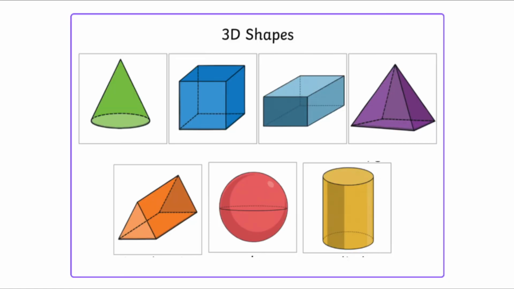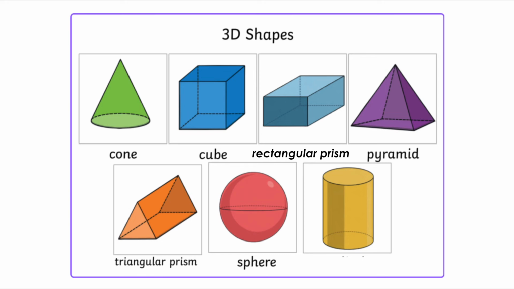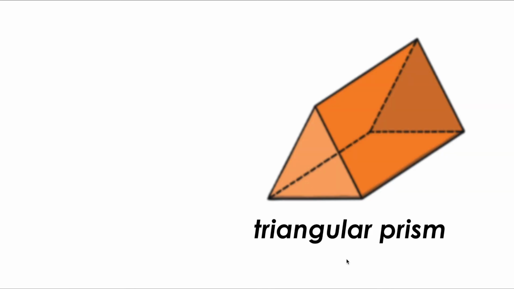Okay, nice. We also spent some time reviewing our 3D shapes. So we can also just look at these one more time. We have the cone, the cube, the rectangular prism, the pyramid, the triangular prism, the sphere, and the cylinder.